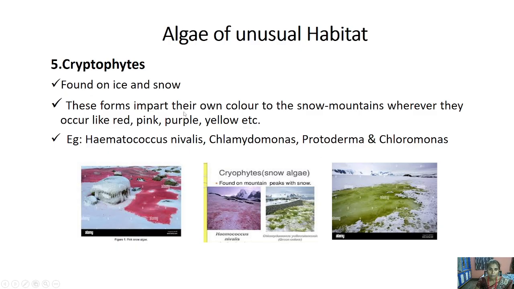So these forms impart their own color to the snow or mountains wherever they occur, like red, pink, purple, yellow, depending on the pigment which they contain. They will impart that particular color to the substratum or ice. Examples for such a category of algae, cryptophytes, include Haematococcus, Chlamydomonas, Protoderma, and Chloromonas. So these are some of the examples for cryptophytes.